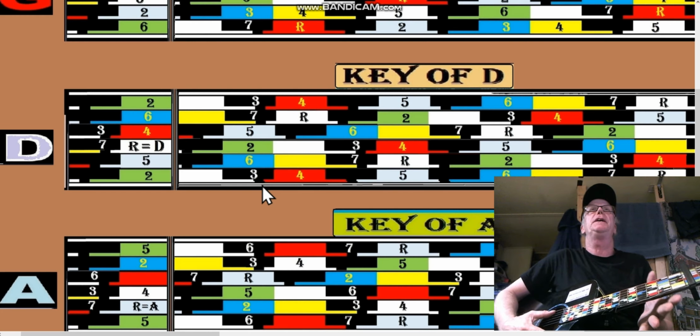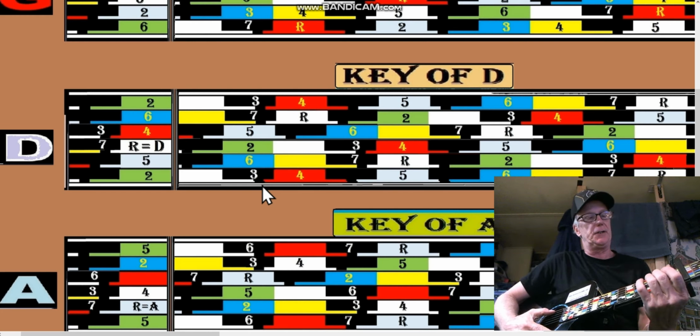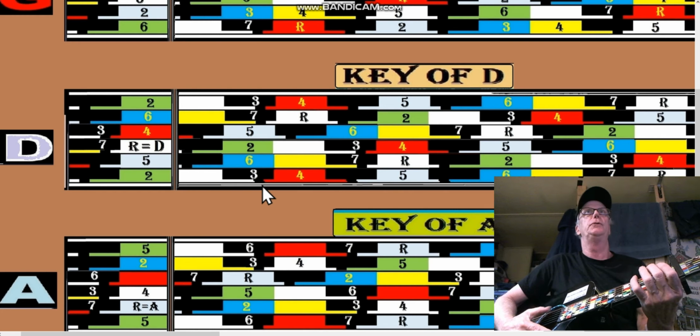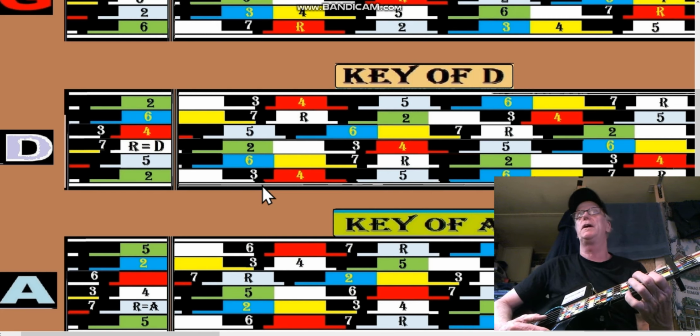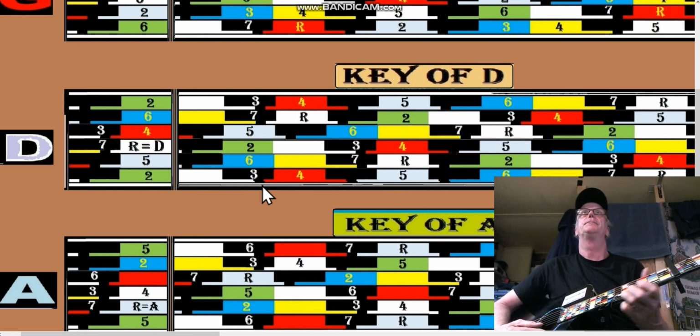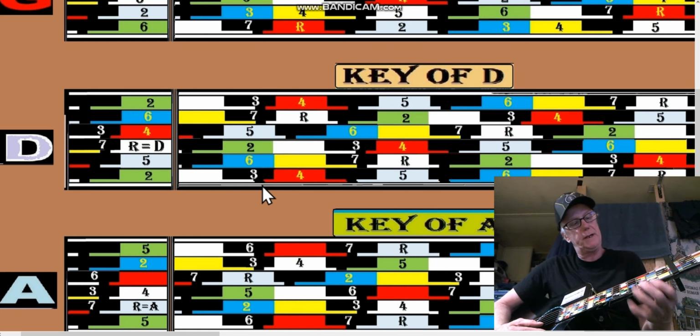So an easier way, if you want to play scales, you're going to do the scales there. So you're going to go 2, 3, 4, 5, 6, 7. Okay, 5, 6, 7, root 2, 3, 4, 5, 6, 7, root 2, 3, 4, 5. Okay. Once you get that 3, 4, 5, if you're far enough away from the fret nut there.